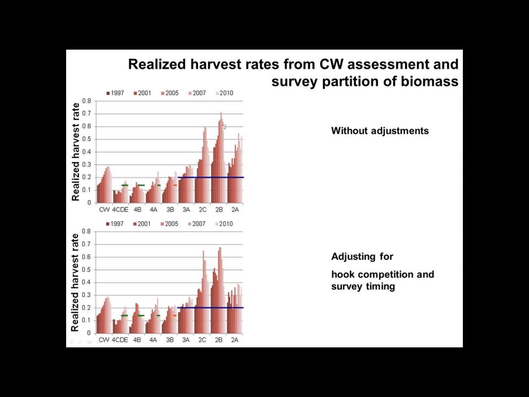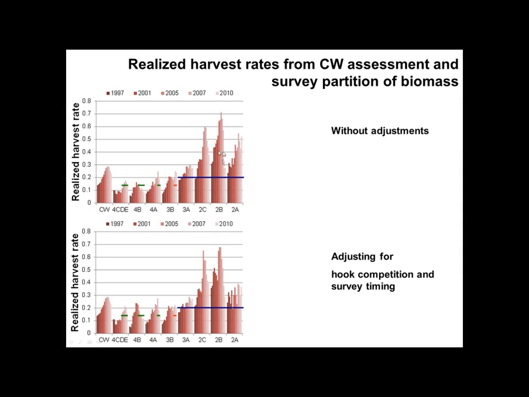After the last year of the closed area assessments, and after the implementation of the coast-wide assessment with solid partition of biomass, we see a decline of realized harvest rates for a particular assessment, right?